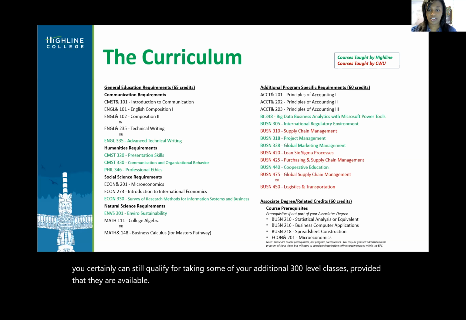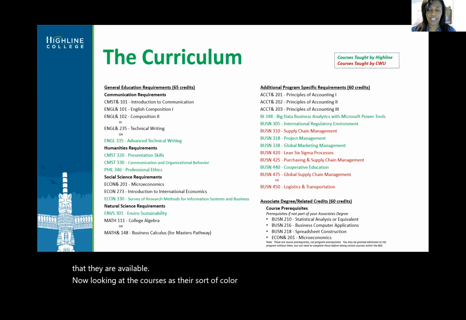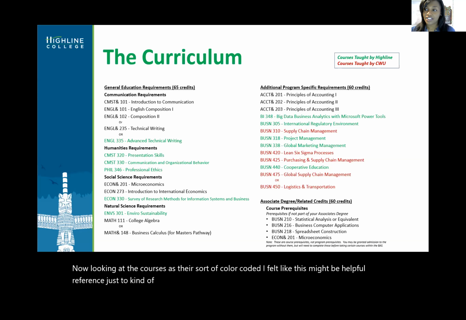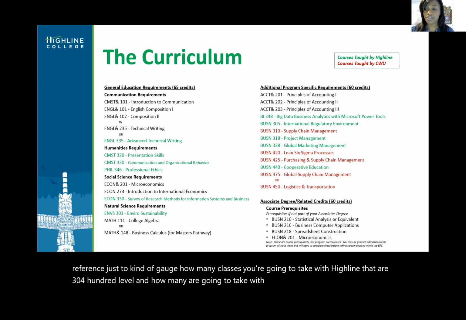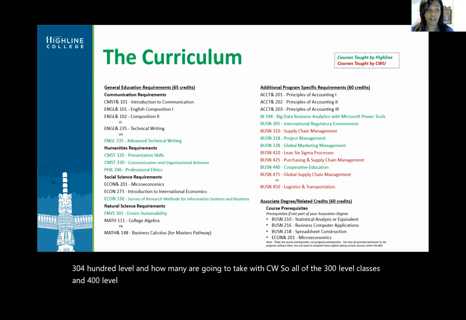Now, looking at the courses as they're color coded, I felt like this might be a helpful reference to gauge how many 300 and 400 level classes you're going to take with Highline and how many you're going to take with CWU. All of the 300 level and 400 level classes that are in green are offered by Highline College faculty.